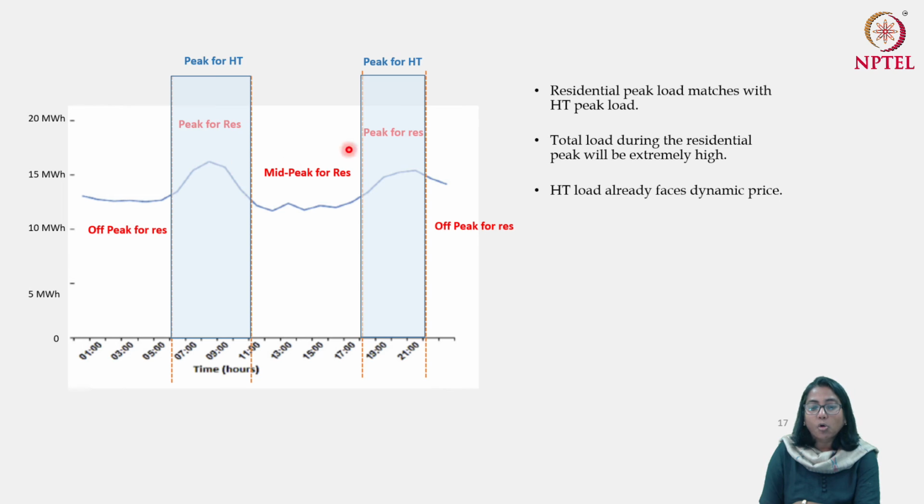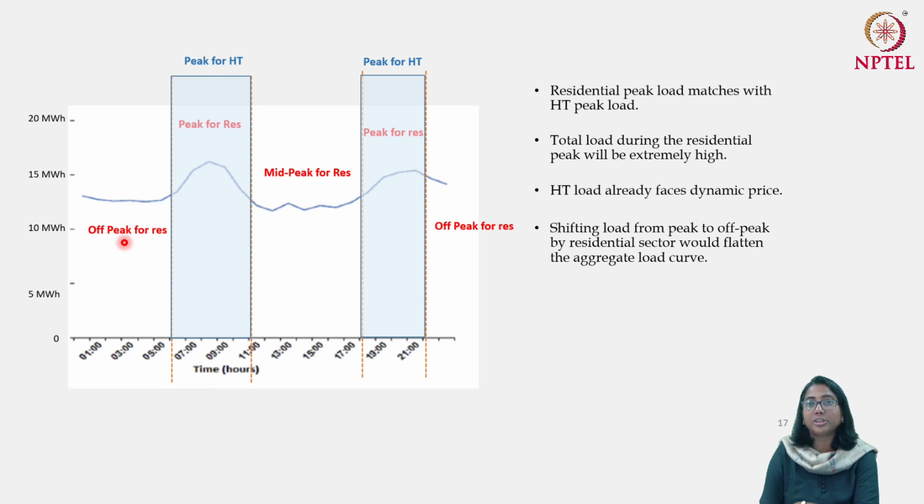However, if there is overlapping of peak load for the high tension and residential users, and you introduce time of use or time of day pricing, so that the residential sector transfers some of this peak load to the off-peak period, that will actually add to the off-peak period in the aggregate. This is not only the off-peak period for the residential, this is also the off-peak period for the high tension users, and therefore this is the off-peak period in the aggregate.